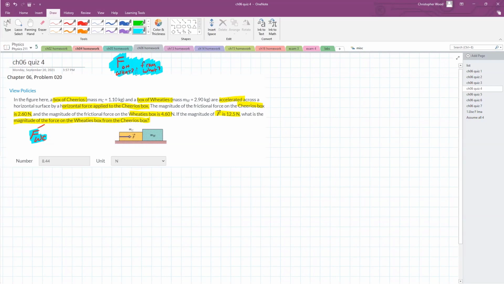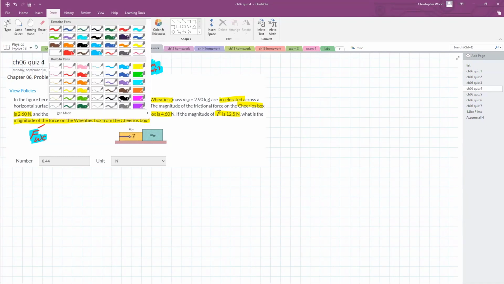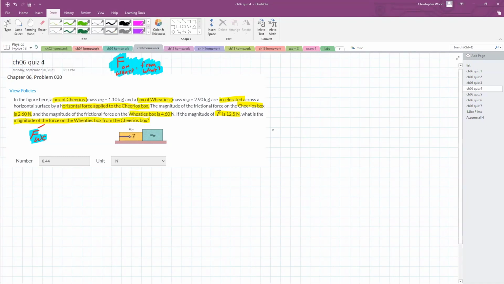All right. So let's do free body diagram. Let's do the whole force analysis. Here's my free body diagram. It all starts with the free body diagram. There's my floor. Here's my Cheerios box right here.